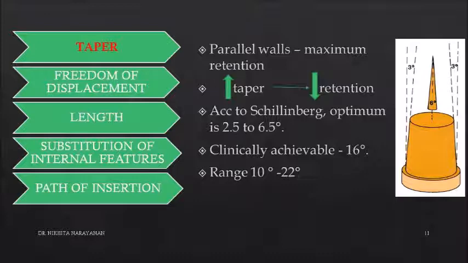So according to Schillingberg, the optimum taper required is 2.5 to 6.5 degree. And the clinically achievable amount of taper is 16 degree with a range of 10 degree to 22 degree. So that is the range of taper which can be given for acceptable retention and resistance form.